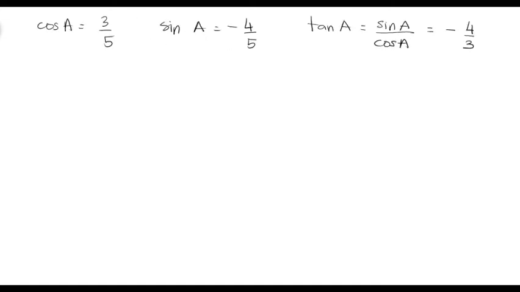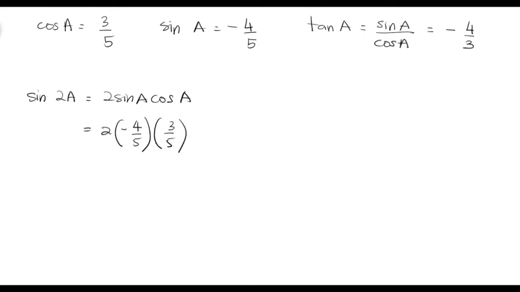By having this information, we can find the double angle for sine 2A, which is equal to 2 sine A cos A. Substitute the values, and we get the answer negative 24 over 25.